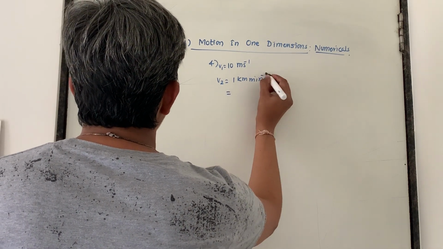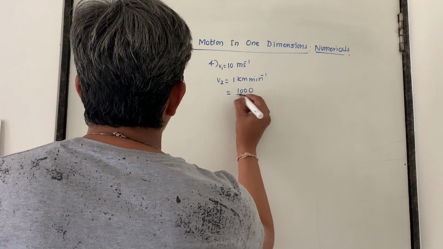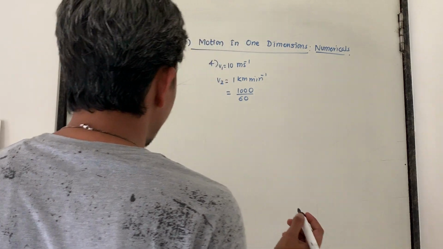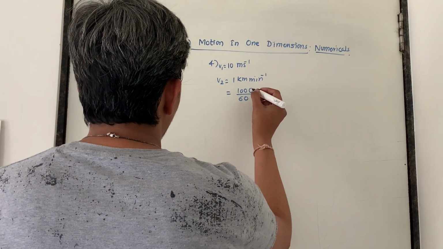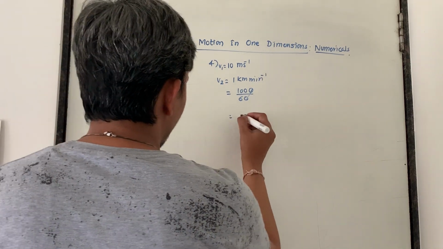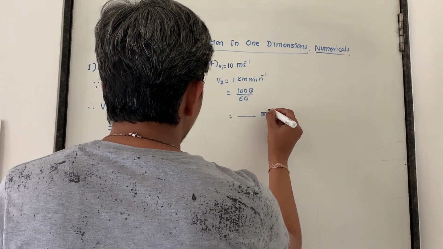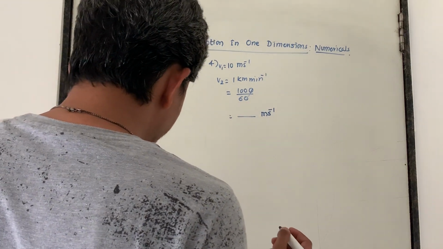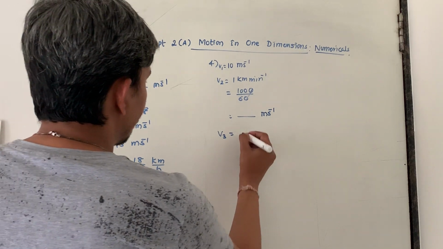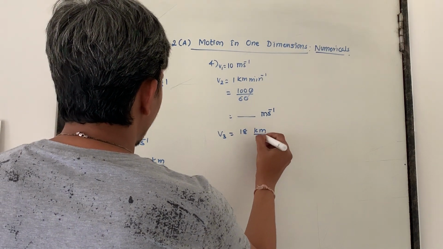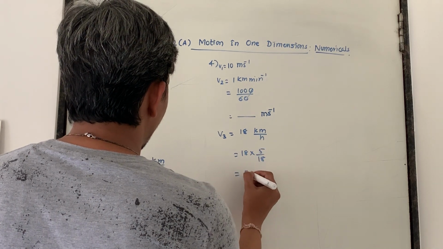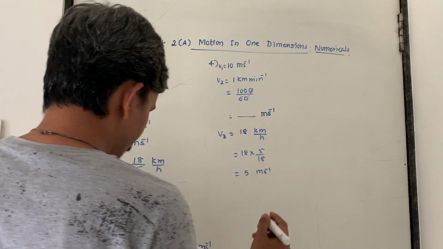So 1 kilometer per minute means 1000 upon 60, which comes out to be something meter per second, right? V3 is kilometer per hour, that is 18 kilometer per hour. So 18 into 5 by 18 comes out to be 5 meter per second, right?